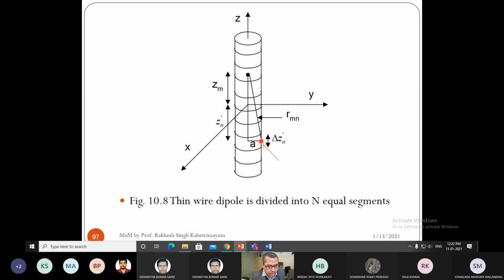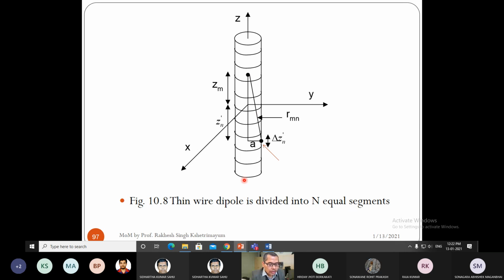Let's say I have a source here and I want to observe the current density here. Then I need to know Rmn, the distance between the source and observation point. Similarly, I will have to do it for every segment. Whenever I have a source here, I will find the distance between the source and observation point for every segment.